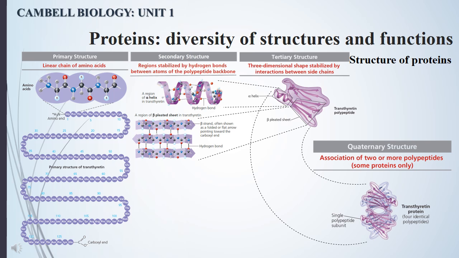These can be packaged together into a tertiary structure, which is a three-dimensional shape of a protein which is stabilized in its environment. And the fourth level, the quaternary structure, is the association of several different proteins that actually form a functional unit.